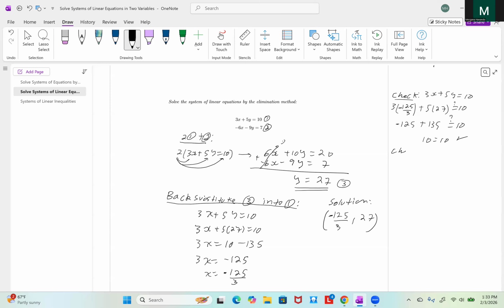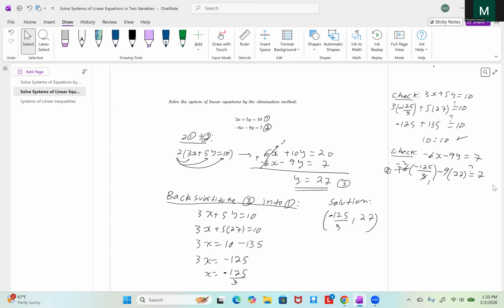Let's check for the second equation. We have minus 6x minus 9y is equal to 7. So plug in minus 6 times x, which is negative 125 over 3, minus 9 times 27 is equal to 7. Dividing by 3, 1 and 3 becomes negative 2.